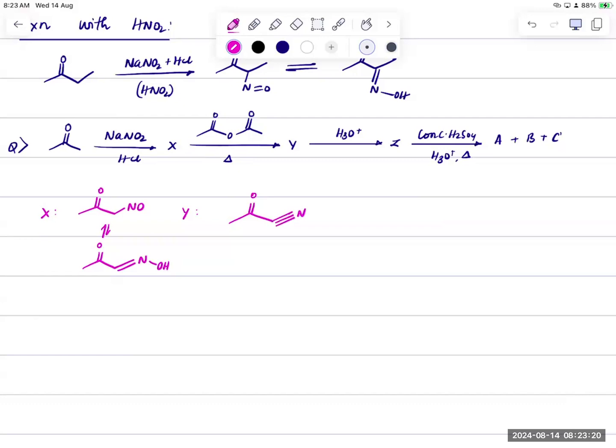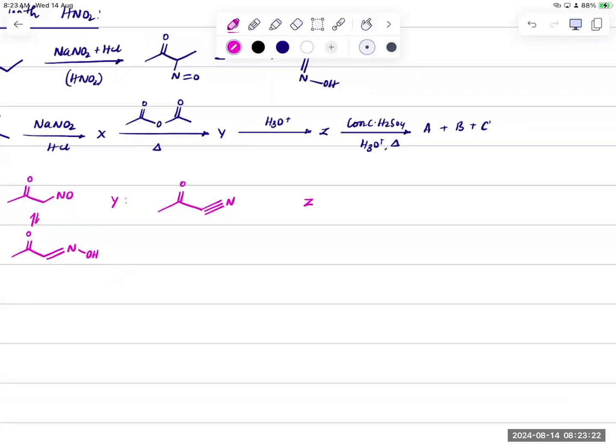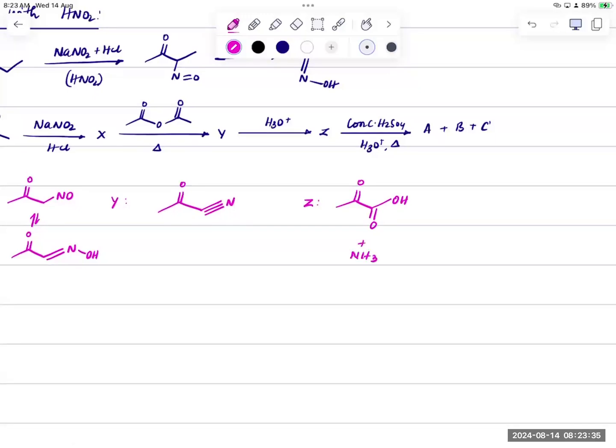And on hydrolysis, you know that cyanide hydrolysis will always give you acids. So we will get this as double bond O and OH. So we will get an acid plus ammonia. And this is the alpha carboxylic acid here.